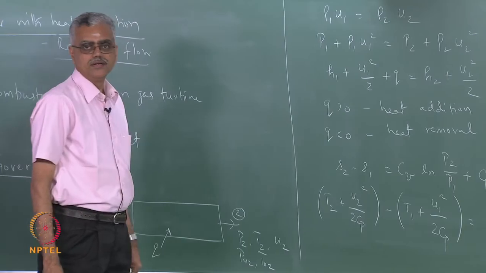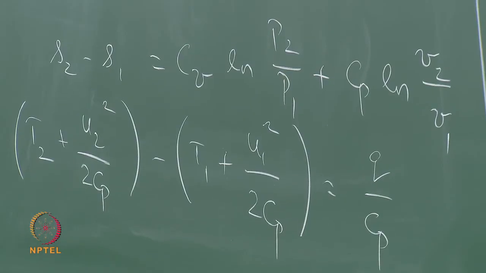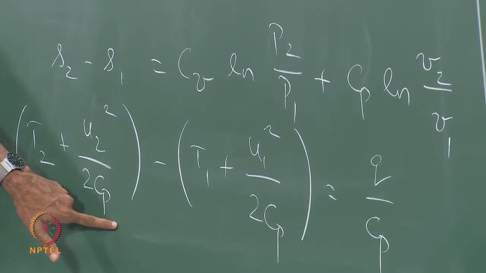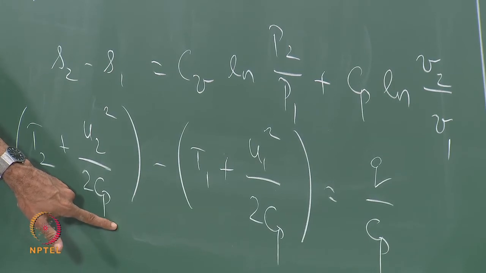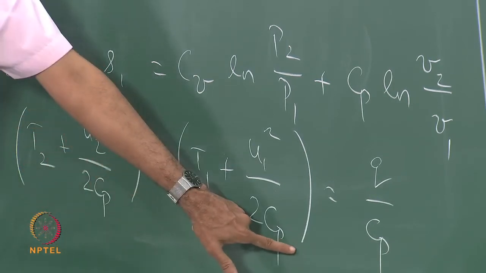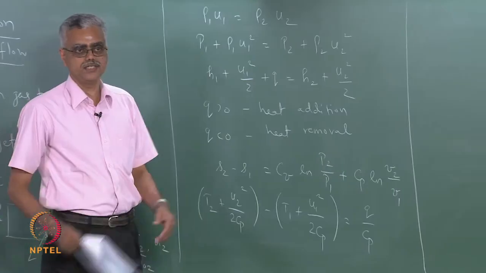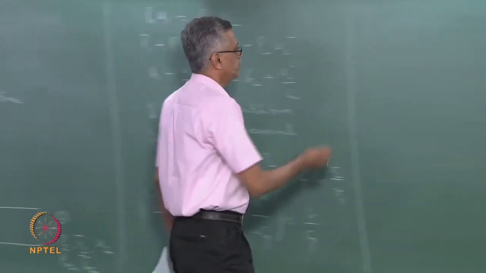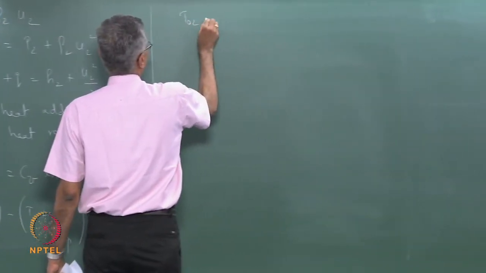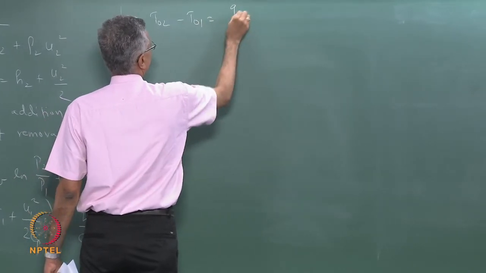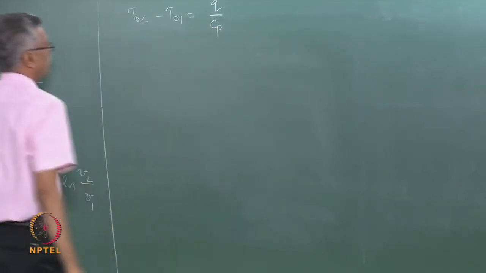I have simply rewritten the energy equation here, and you should recognize that this is T02 and this is T01. So, the addition of heat results in a change of stagnation temperature, which means that T02 minus T01 is equal to Q over Cp.